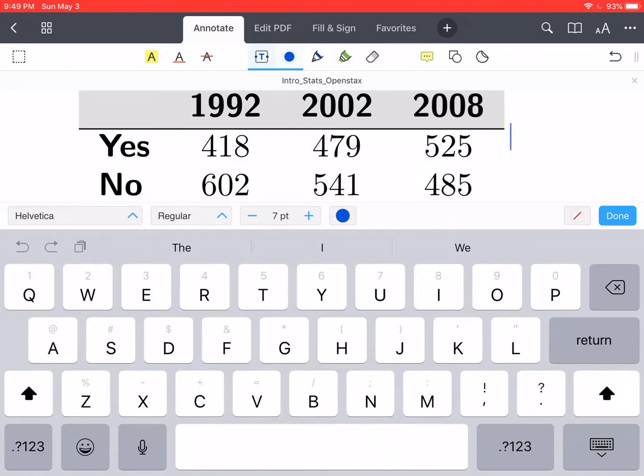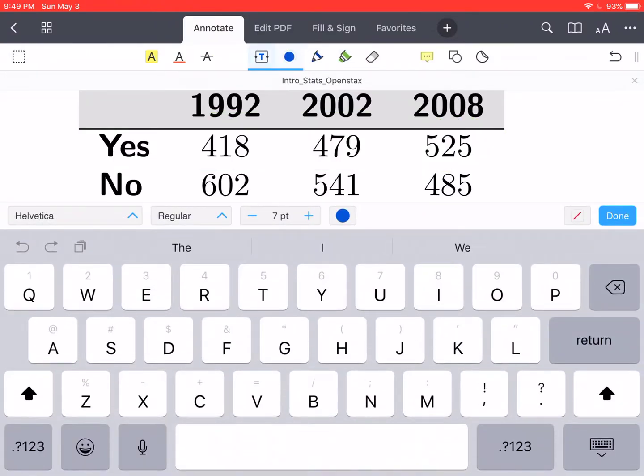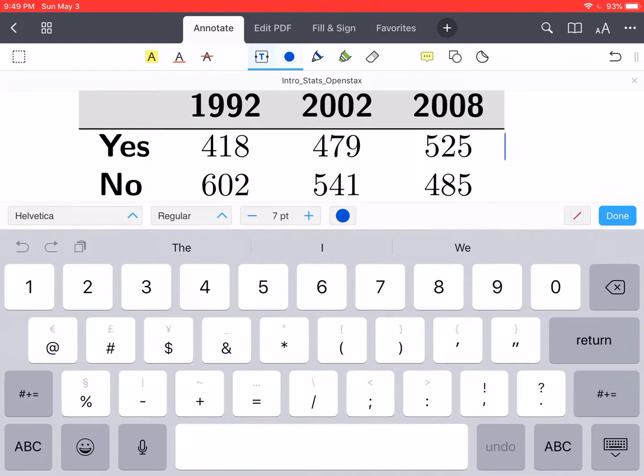Okay, so if we add up this row total, 418 plus 479 plus 525, it's going to give us 1,422.